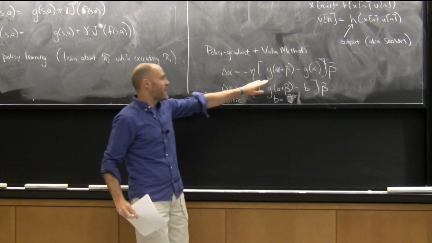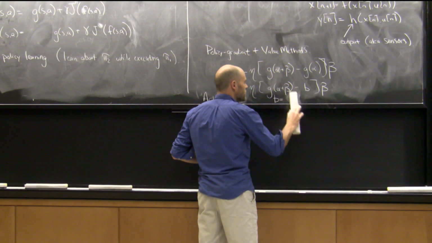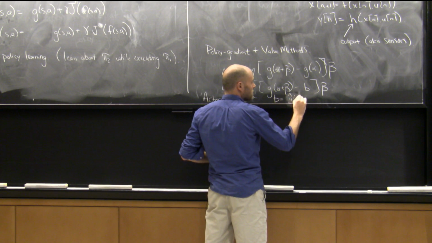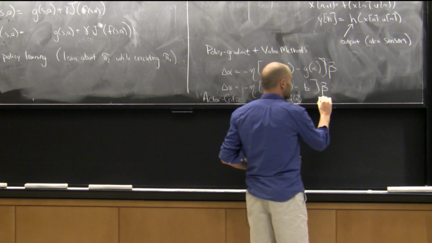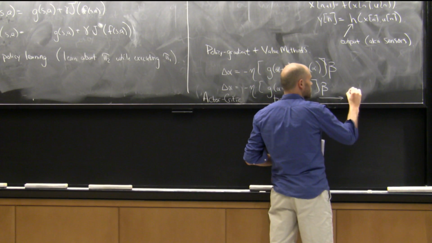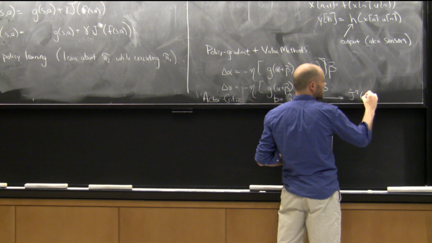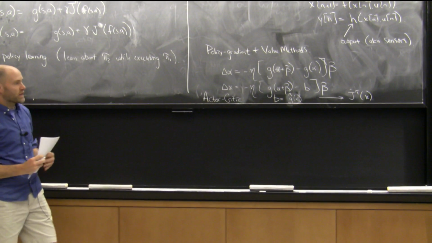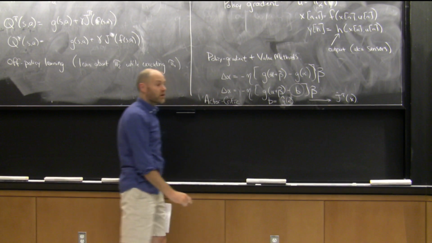I'm crossing my notation a little bit here. In the trajectory case, this looks like J hat pi of x. So this baseline here is a candidate for sticking in the cost-to-go approximation.